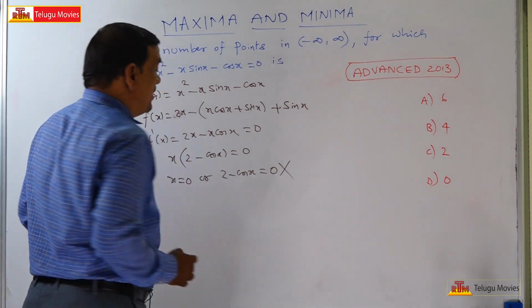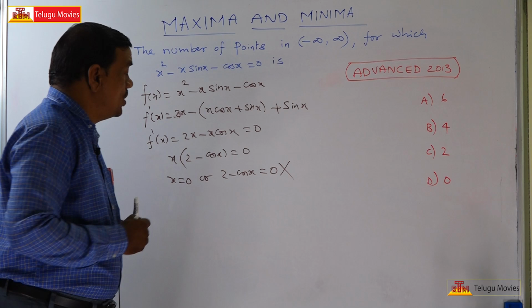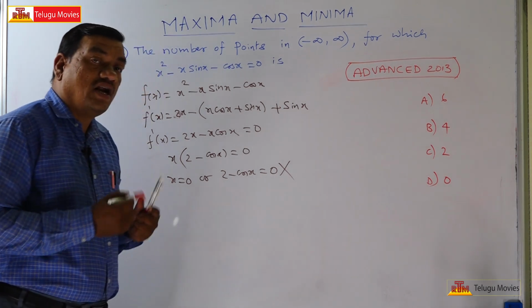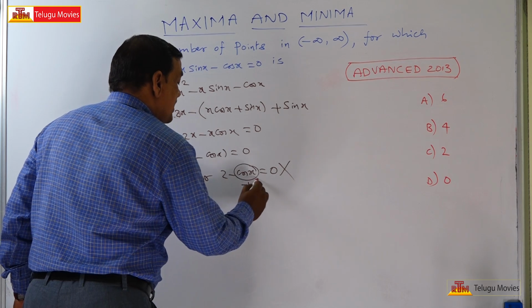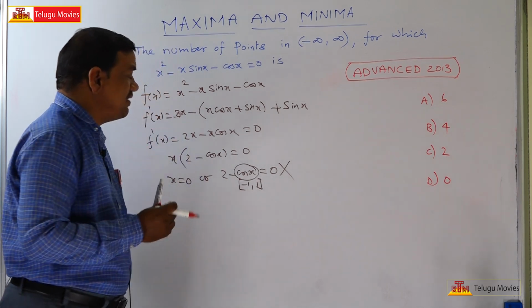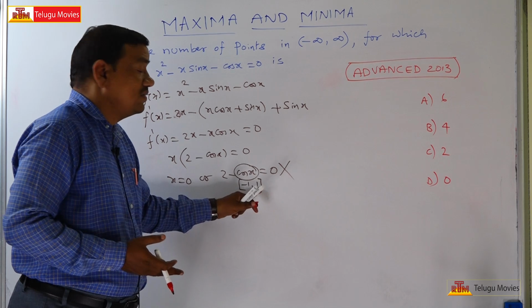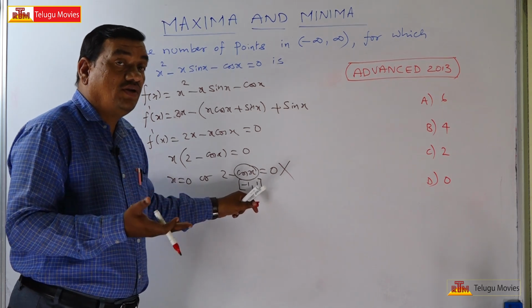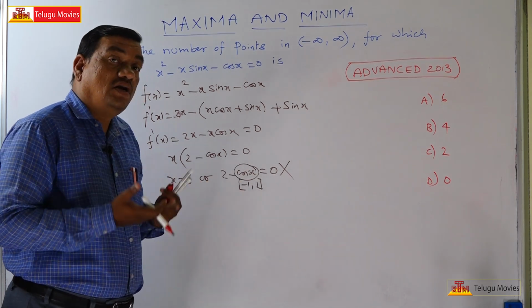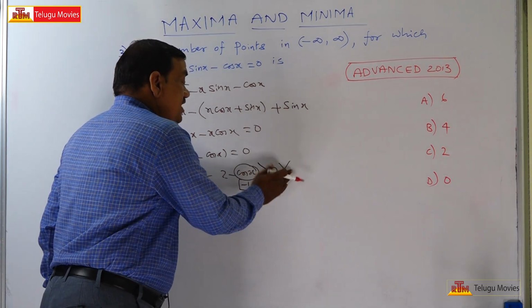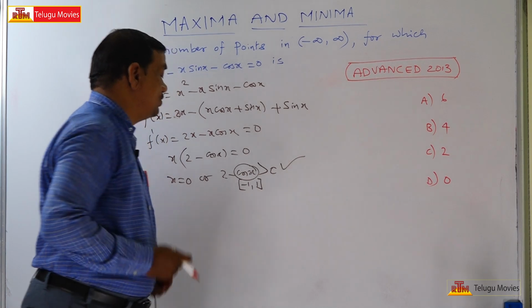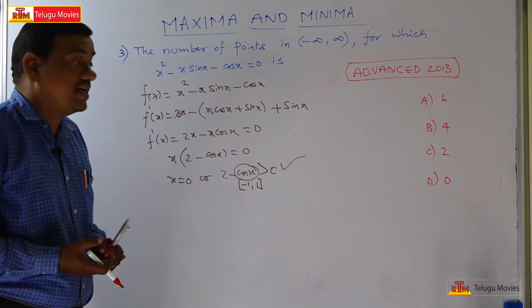The second cannot happen, because the cos x value lies between minus 1 and 1. The maximum value of cos x is 1, and 2 minus 1 is 1. It cannot be equal to 0, it is greater than 0. 2 minus cos x is always greater than 0.